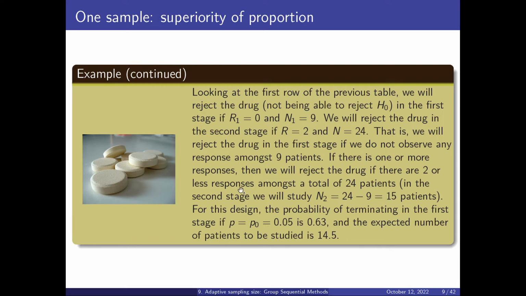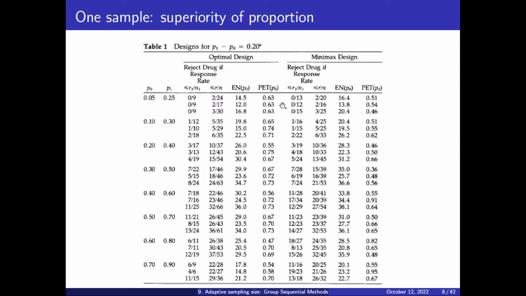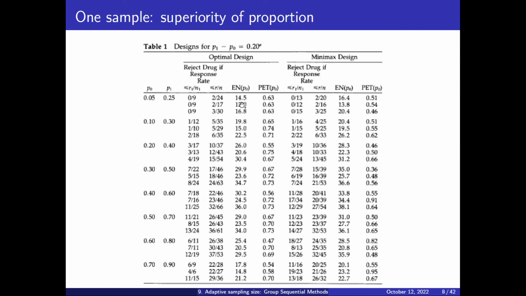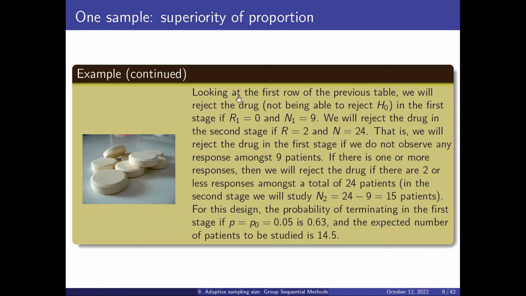And in this design, the probability of terminating in the first stage, if the null hypothesis is true, is 0.63. This is this probability here. And the average, or expected, number of patients to study is 14. So you have a design that uses 9 or 24 patients: 9 if you stop early, 24 if you don't.